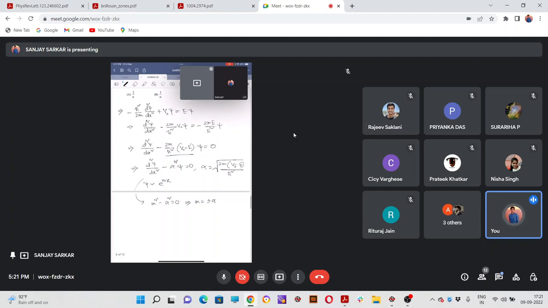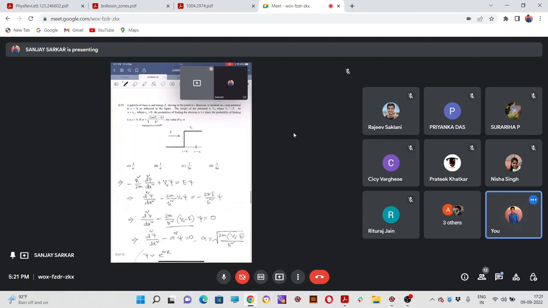So the solution to this differential equation would be a exponential alpha x plus b exponential minus alpha x. Here a and b are arbitrary constants.